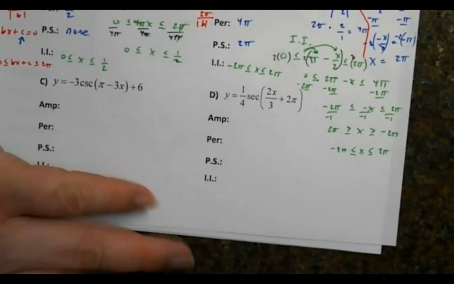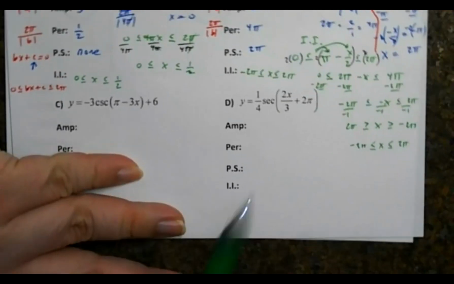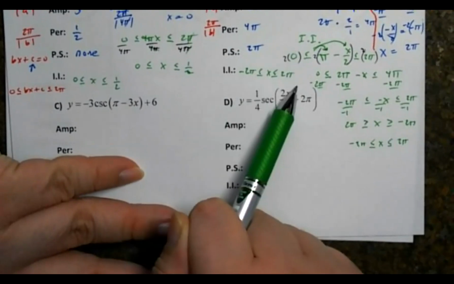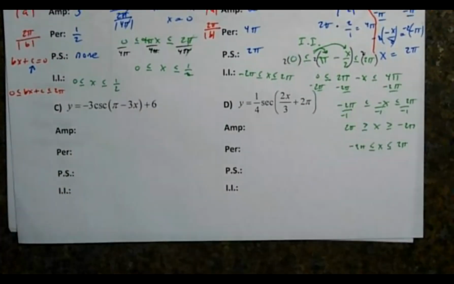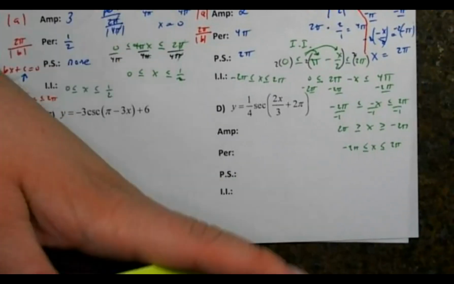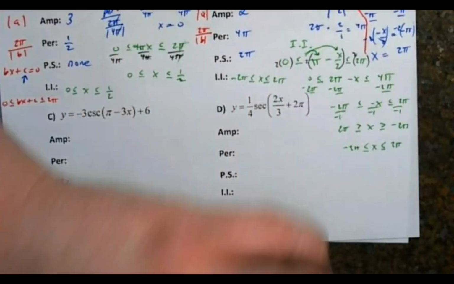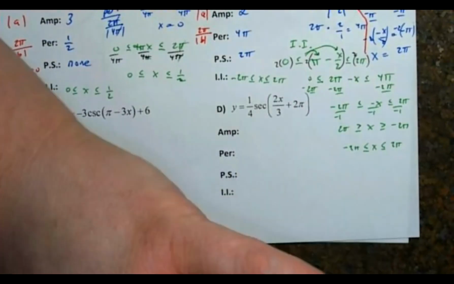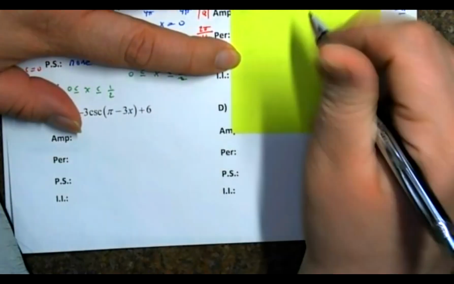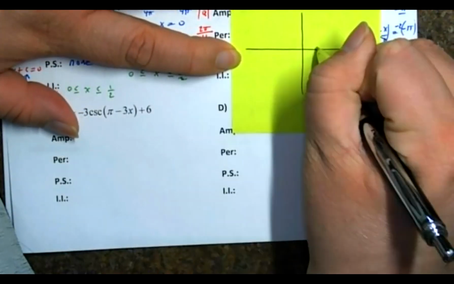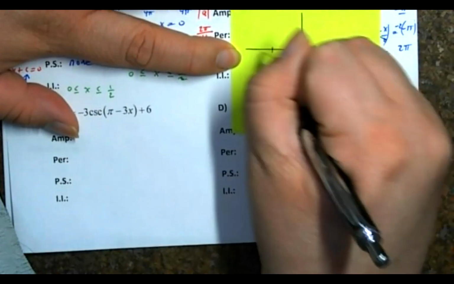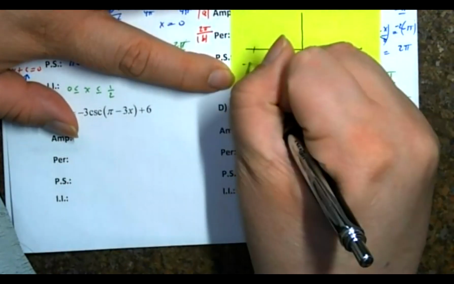Okay. Now, how far is it from negative 2 pi to positive 2 pi on the graph? Think about that. These graphs are on an x and y axis. So if you remember, on an x and y axis, you've got 1, you've got 2, you've got 3. And on this side is a reflection, negative 1, negative 2, negative 3.